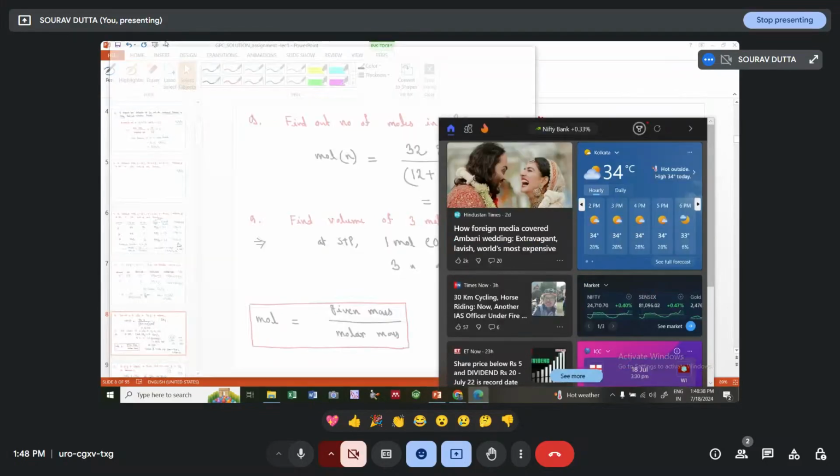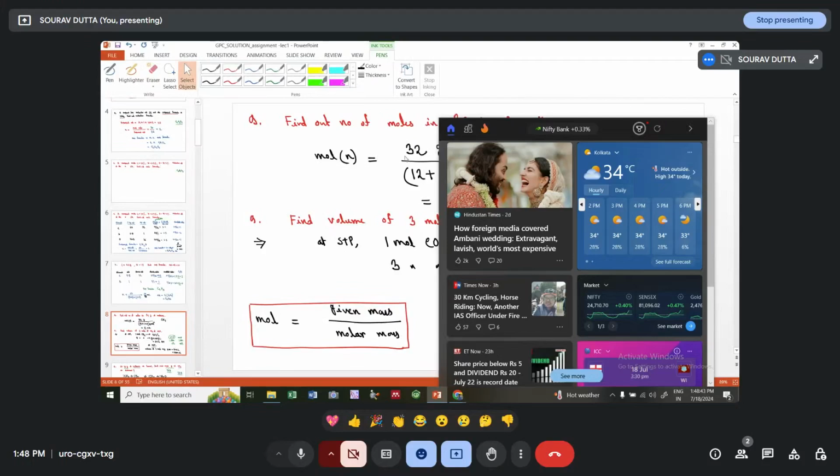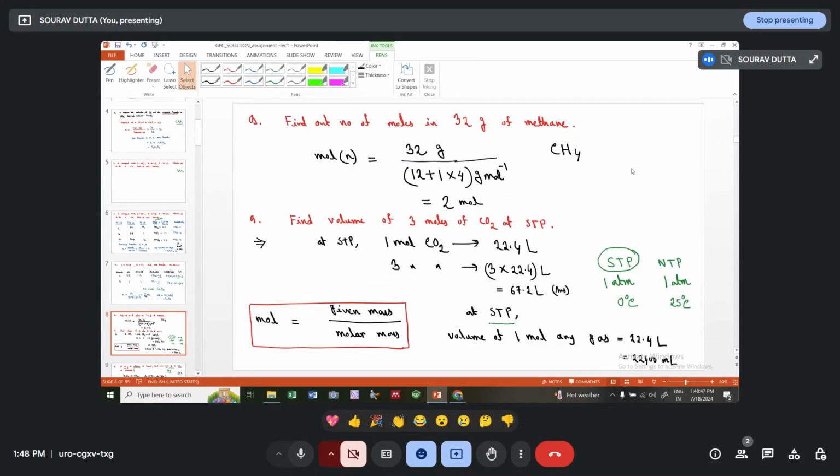So the mass of the methane is given to you, 32 gram, and you have to calculate the molar mass of methane. Carbon is 12 and there are 4 hydrogen, so 12 plus 4, that is 16 gram per mole, and you will calculate it and you will get 2 moles.